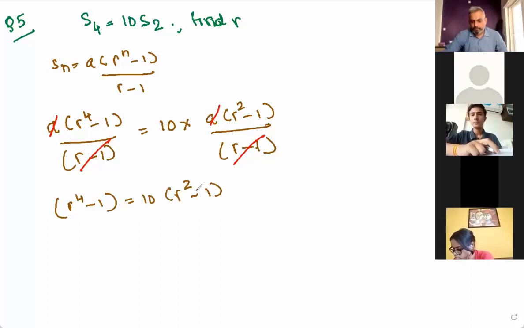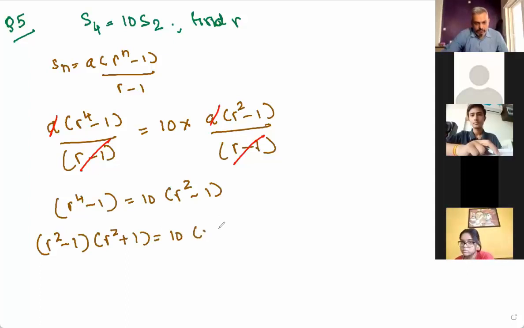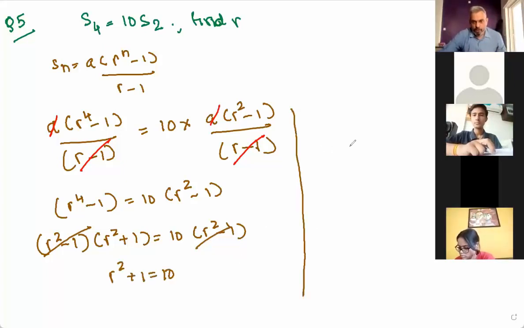Now, what we do is we expand this. So it will become R square minus 1 and R square plus 1 is equal to 10 into R square minus 1. So R square minus 1, R square minus 1 cancel. So R square plus 1 is equal to 10. Therefore, R square is equal to, plus 1 goes to the right hand side so it becomes minus, 9.